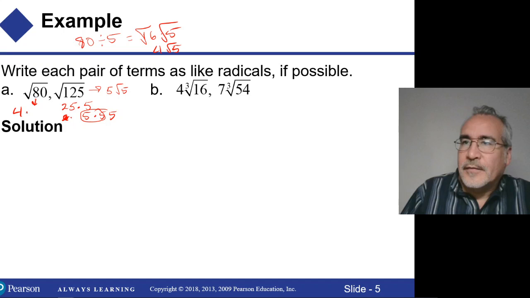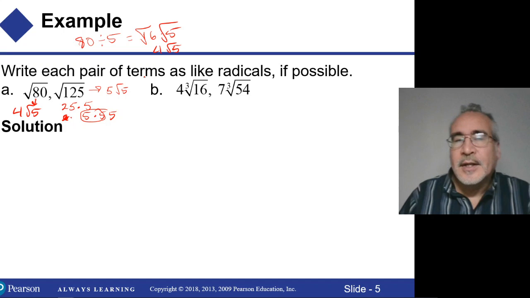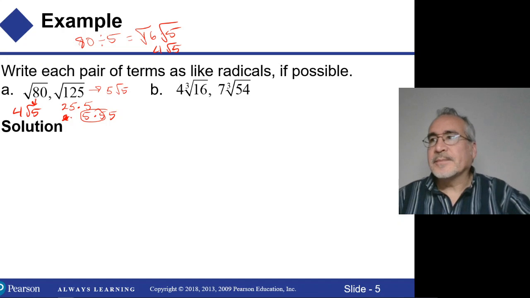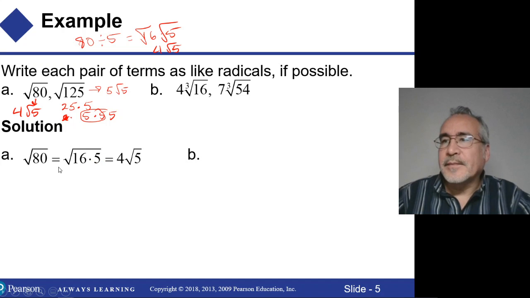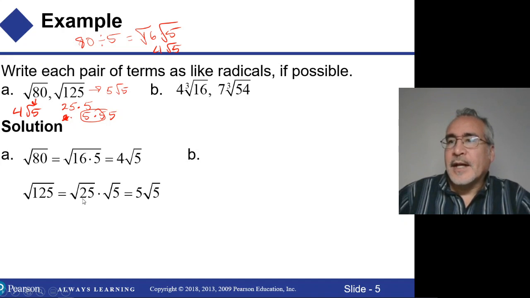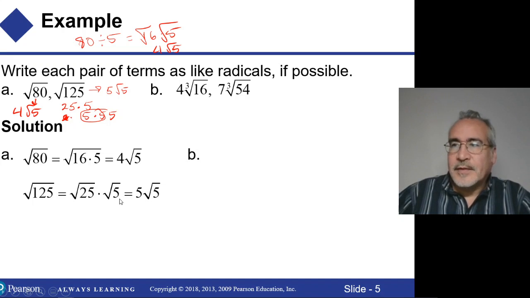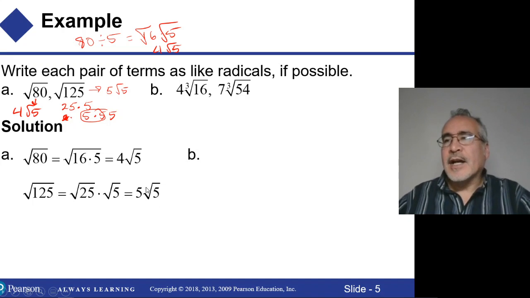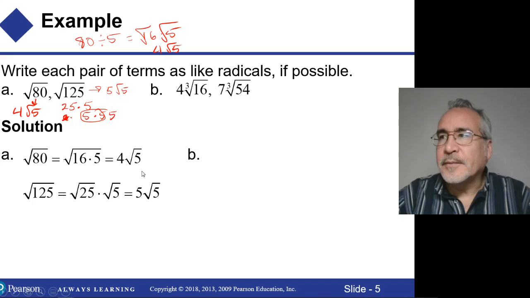This one's 5 square root of 5. So then we would be able to add them on that basis. Let's check it out. That's exactly what they did. 80, 16, there we go. And 125 is square root of 25 times 5. So we've now got them where we could add them if we needed to.